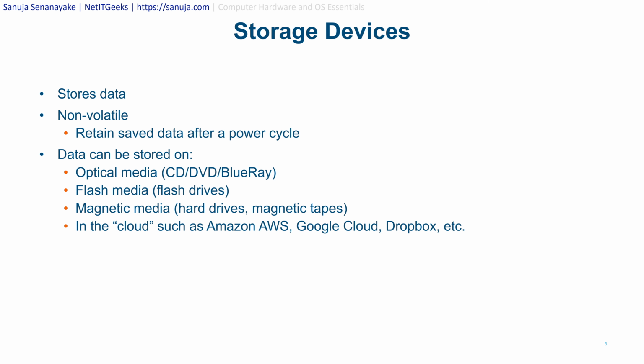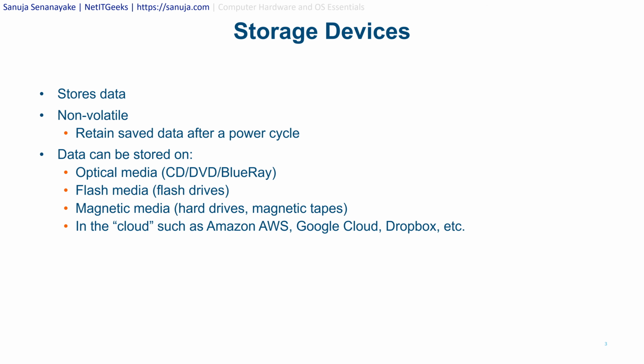It doesn't erase data just because it loses electricity or the electrical current to that chip or the platter. Data can be stored on optical media, which are CD, DVD or Blu-ray drives. Flash media, which we often call flash drives.